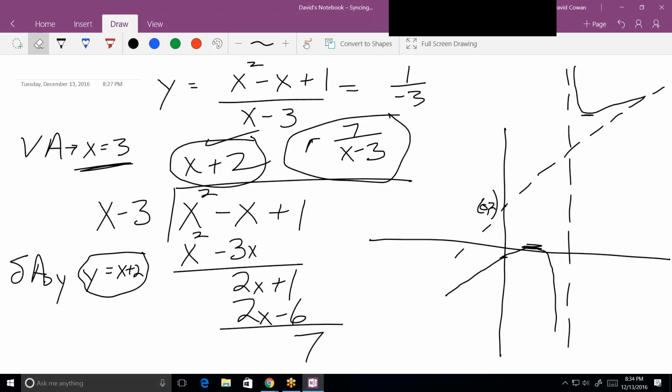Because notice the range is missing everything between that point and that point. The range is minus infinity to this point on the y-axis, and that point on the y-axis to positive infinity. The domain is all reals except x equals 3.